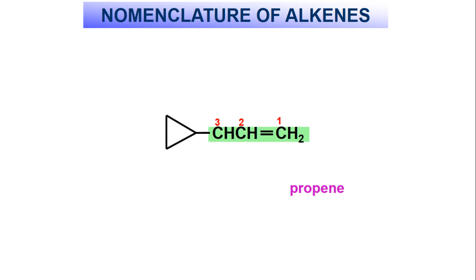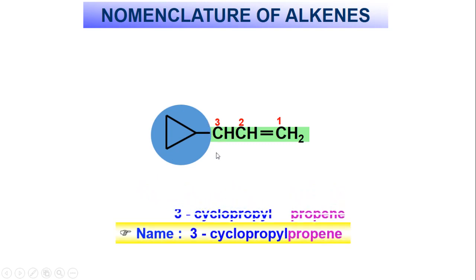And when there are 3 carbons, that's a propene, and then that one is just a cyclopropyl. The 3 is coming from the fact that this guy is on the 3rd carbon, so the name is just 3-cyclopropylpropene. So that's the name of this molecule.